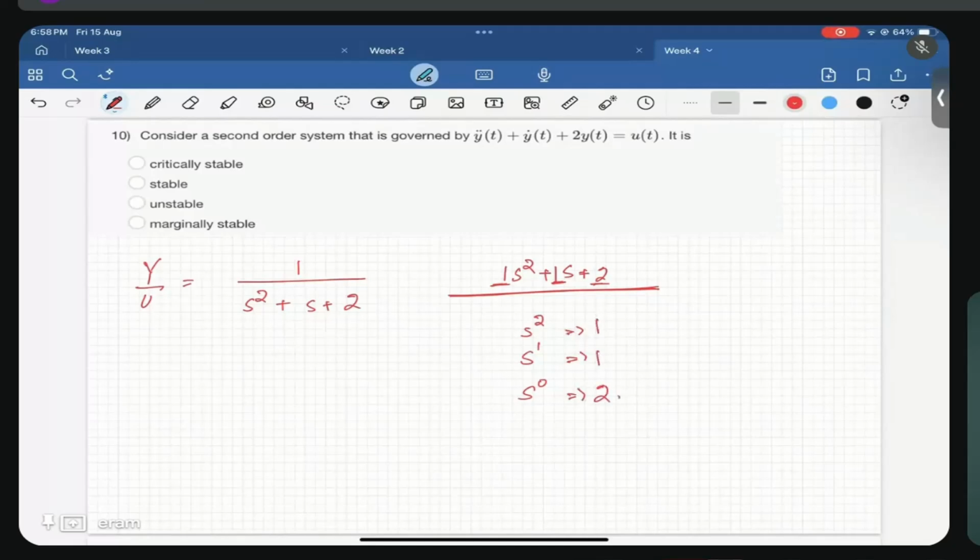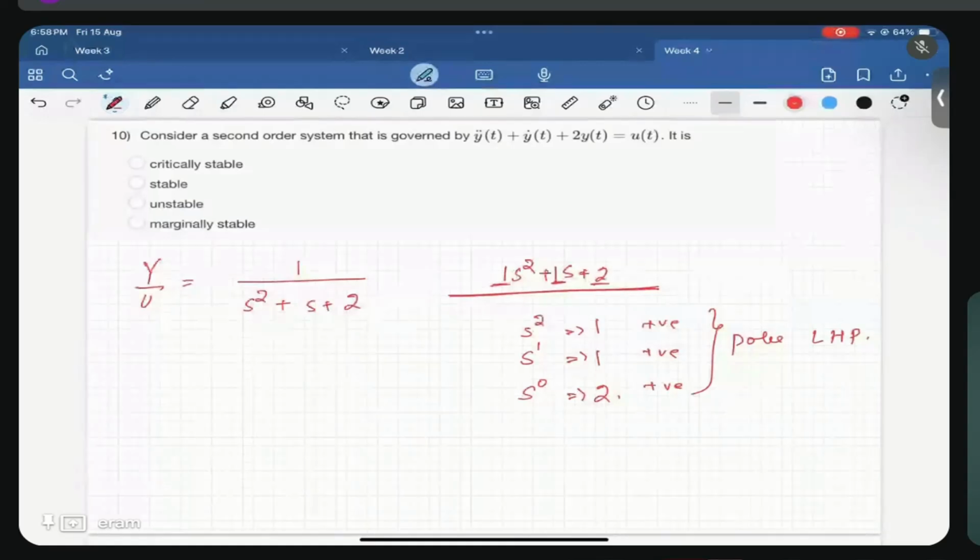All are positive. Then the poles of this characteristic polynomial will lie on the left half plane. So what can you comment about this system? It is stable, yes, correct.